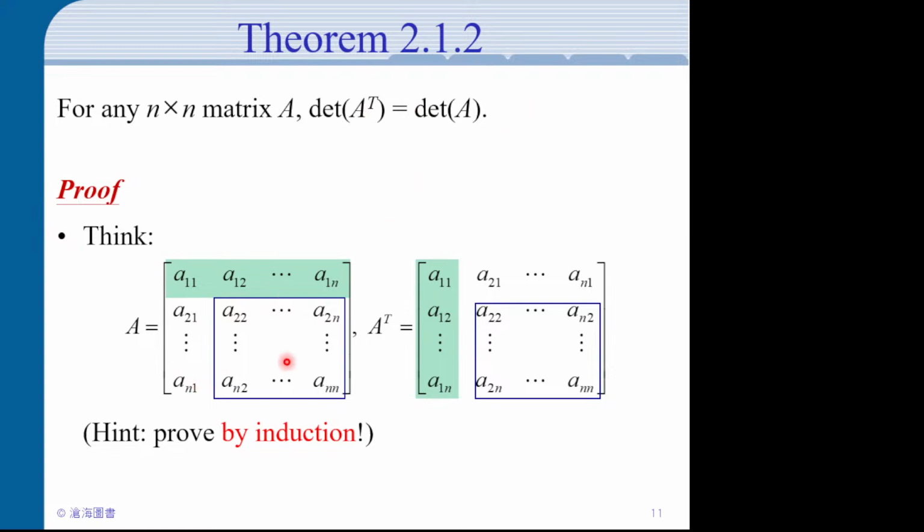And from there, you can prove the 2 by 2 matrix equals its transpose, and 3 by 3, etc. Because when every (n-1) by (n-1) matrix satisfies this equation, then the n by n matrix satisfies it, just by doing the expansion on the first column and the expansion on the first row.